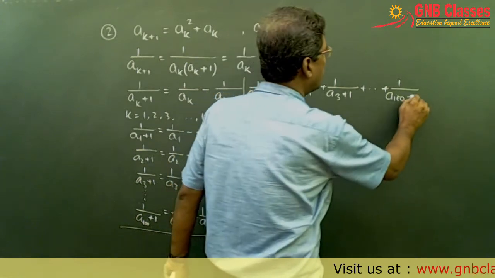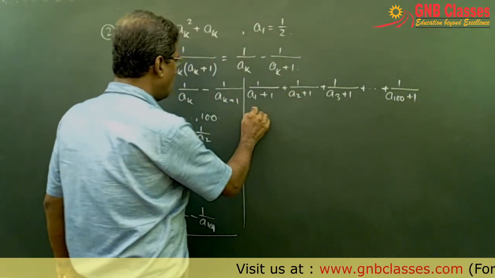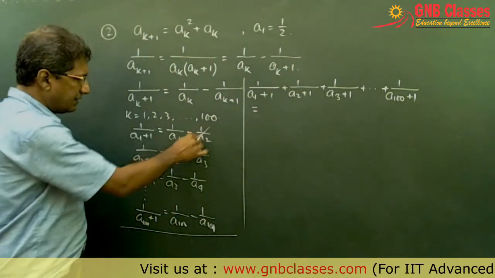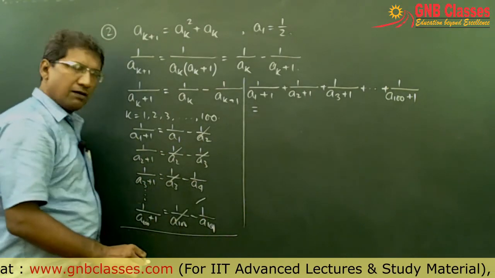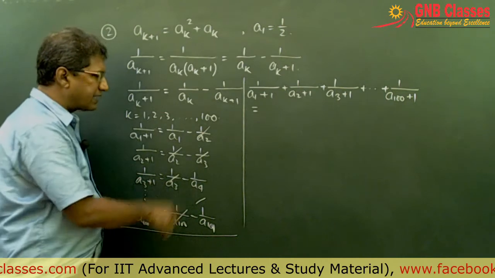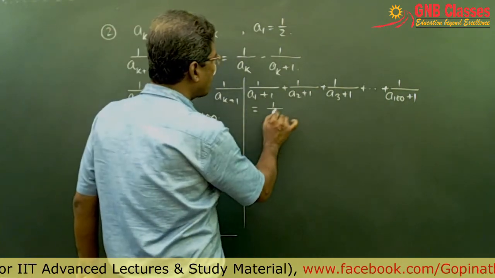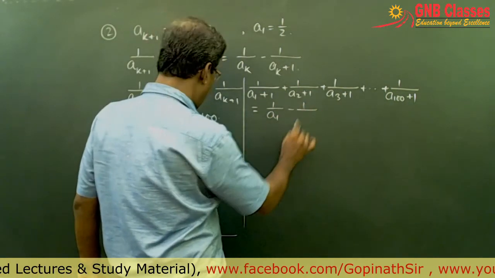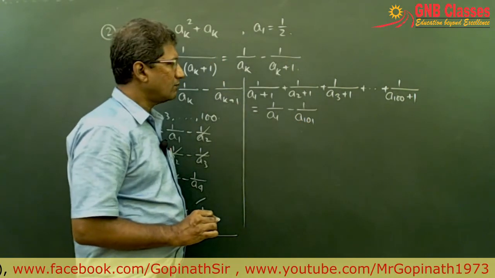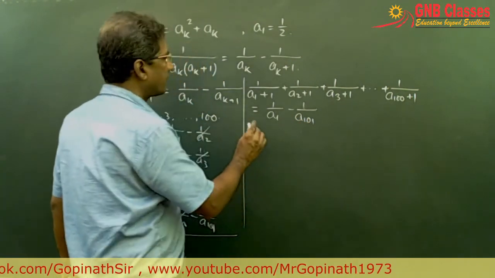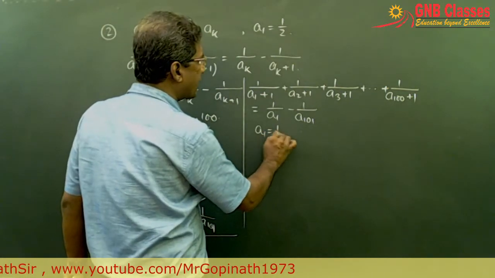Look at it carefully, this goes off, this goes off, so automatically this and the last term of the previous part will get cancelled. So we are left with 1 by a1 minus 1 by a101. Is it clear?